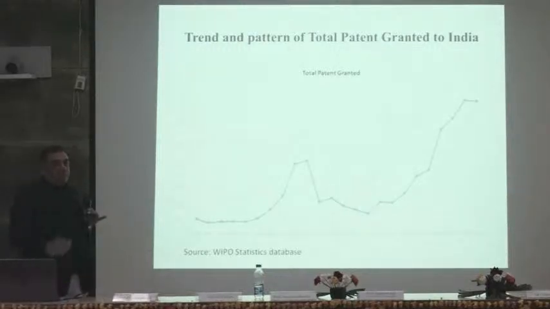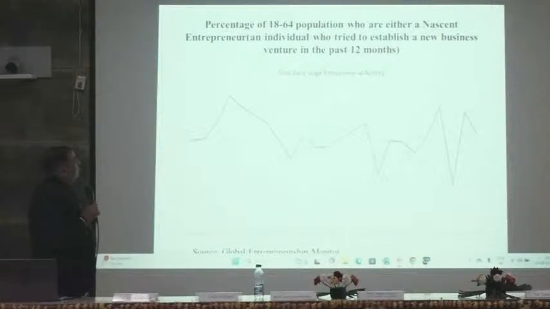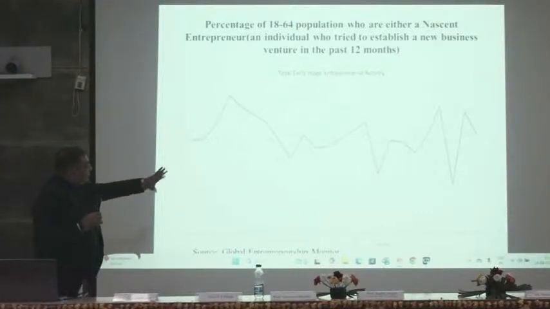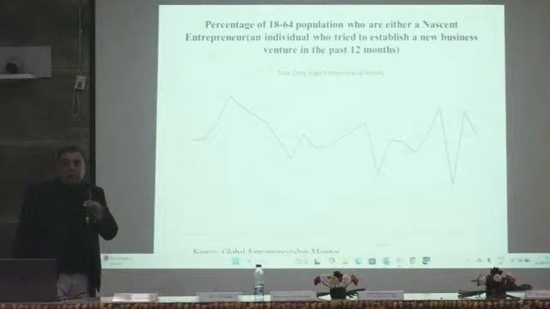I am just showing a few figures to you. Now this is very important data: the percentage of the population aged 18 to 64 who are nascent entrepreneurs, that means individuals who try to establish a new business. It is a zigzag motion, and the source is the Global Entrepreneurship Monitor.